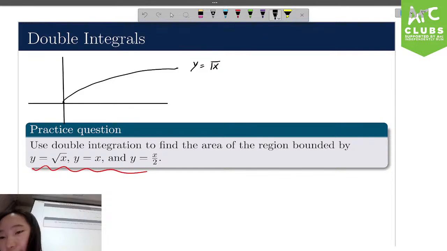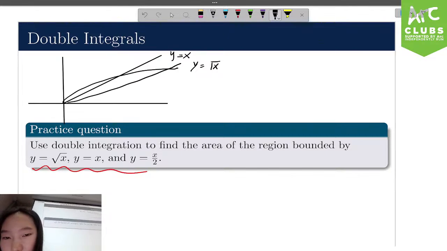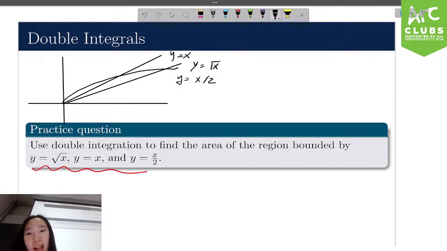And we have y equal to x and y equal to x over 2. The region bounded by those three curves is over here.